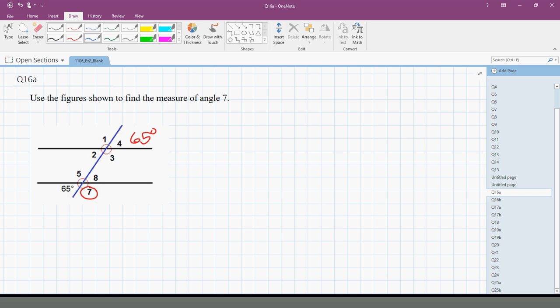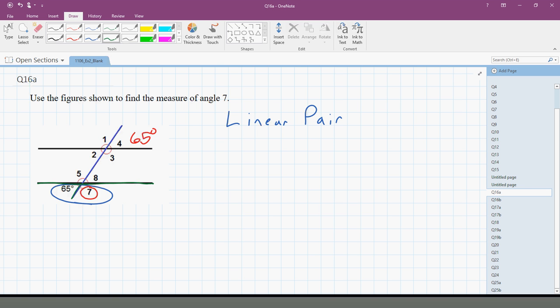Everybody's going to see things differently. There is a relationship between those two. The relationship between those two is that they are a linear pair. Do you remember a linear pair, John? Two angles that form a straight line. See how these angles form that straight line? There's that common ray they share.